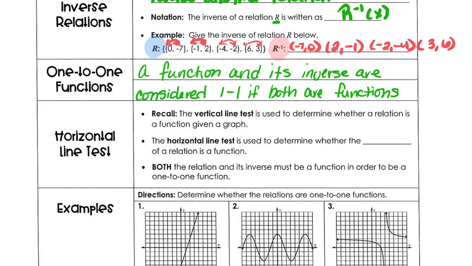A horizontal line test is used to determine whether a relation is a function or if its inverse is a function. The vertical line test works for f, but the horizontal line test works for the inverse of f, so f -1 of x. In order for something to be one-to-one, it must pass both.